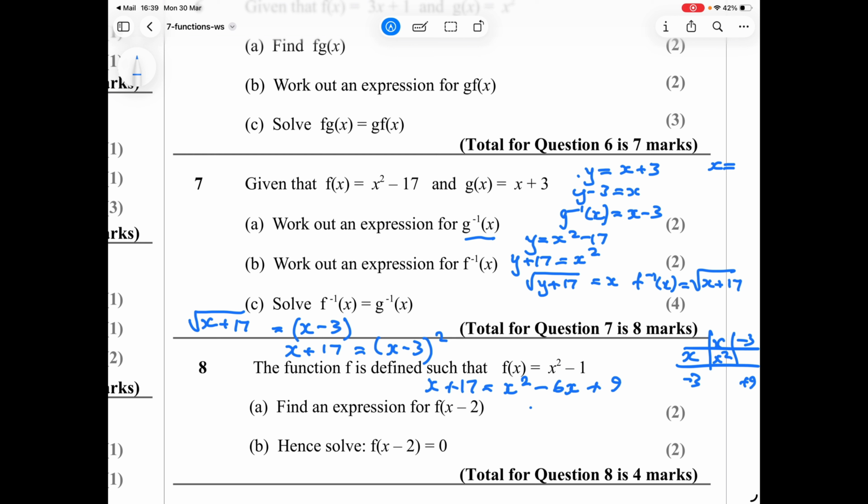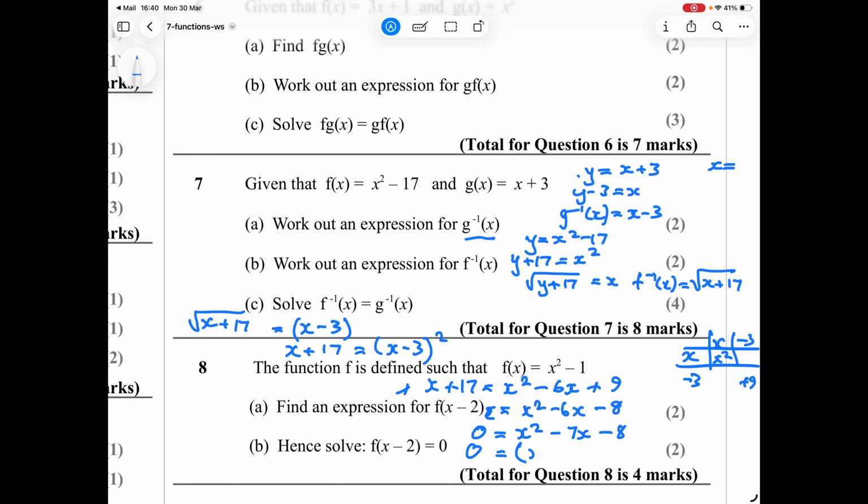Now let's make everything on this side 0. So let's take away 17 from both sides, so we get x squared minus 6x minus 8 equals x. Let's take off x, so 0 equals x squared minus 7x minus 8. And then let's find out what the actual answer is.